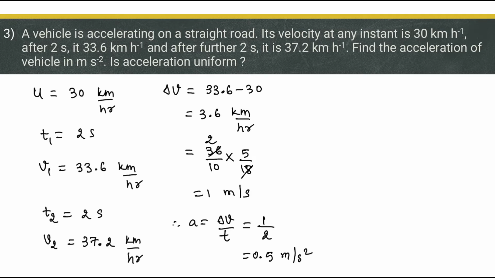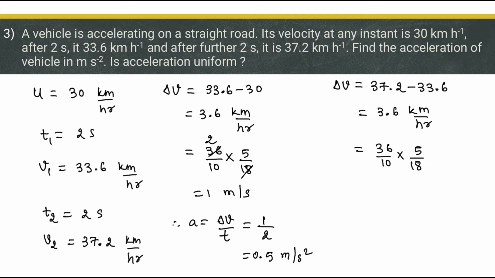In the further 2 seconds, what is the acceleration? So for that, once again I will find out delta v in kilometers per hour, that is 37.2 minus 33.6, and this difference is 3.6 kilometer per hour. Once again converting this kilometer per hour into meter per second, we have to multiply it by 5 by 18, and the answer is 1 meter per second.